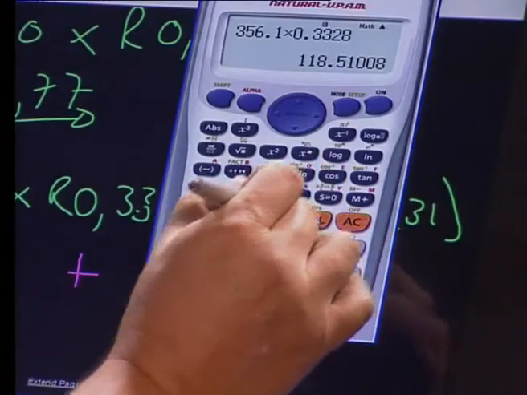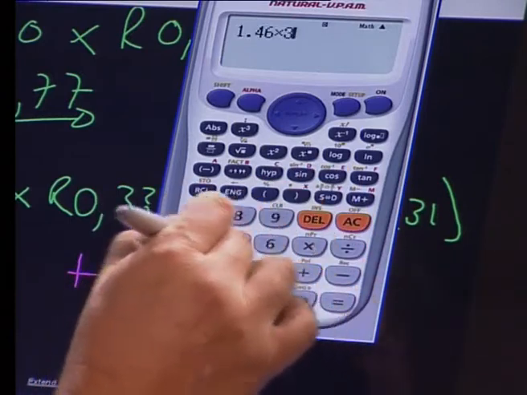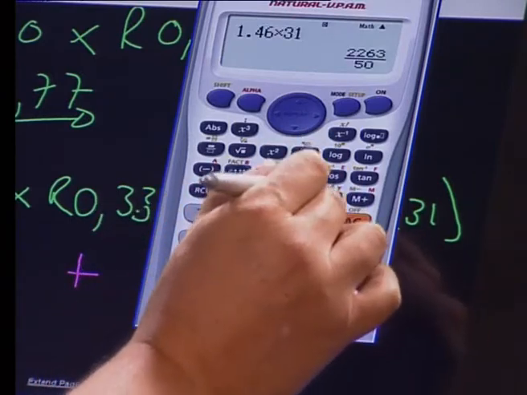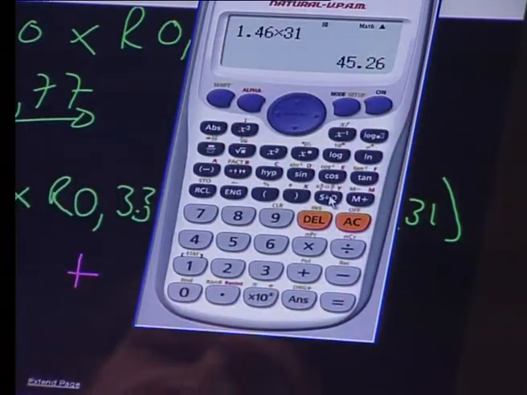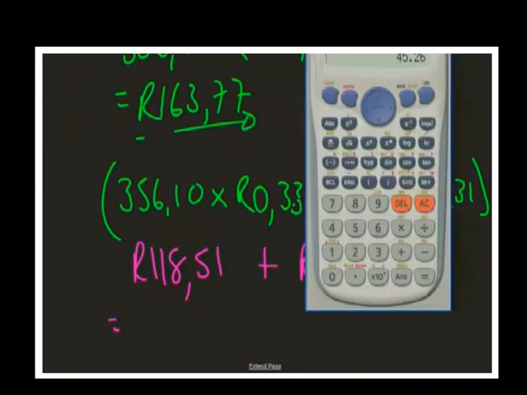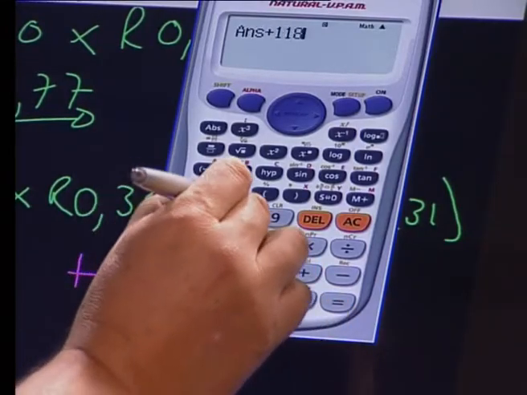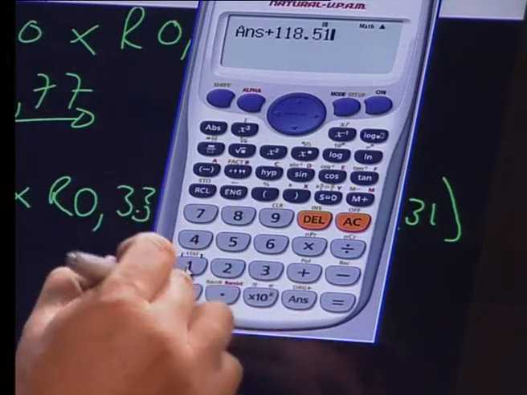We've got 1 Rand 46 times 31 equals, and we land up with 45 Rand 26. So plus 45 Rand 26. Now, this is where we hold thumbs and really hope it works out to the same. Let's add those up together. 45.26 plus 118.51 equals.